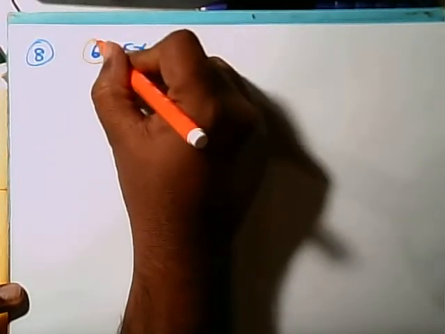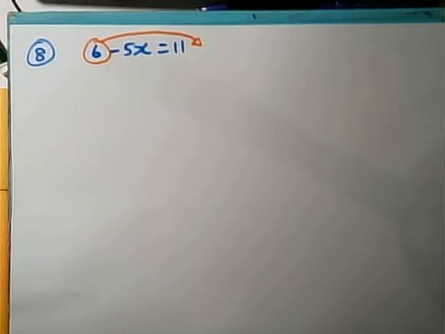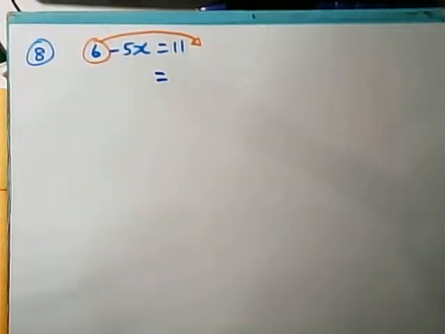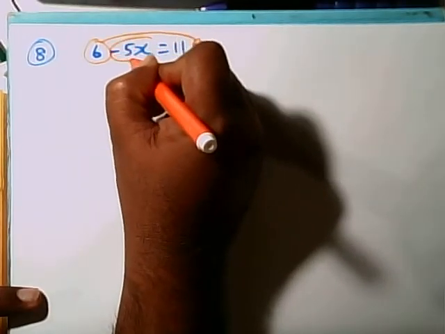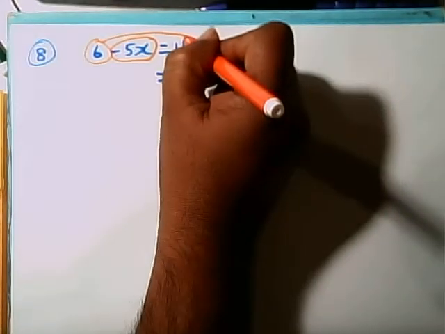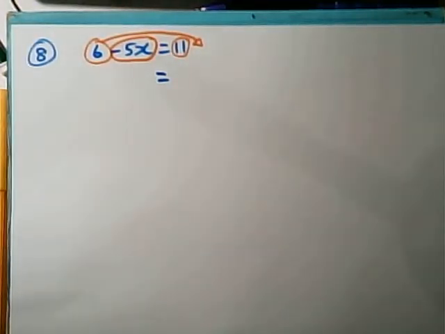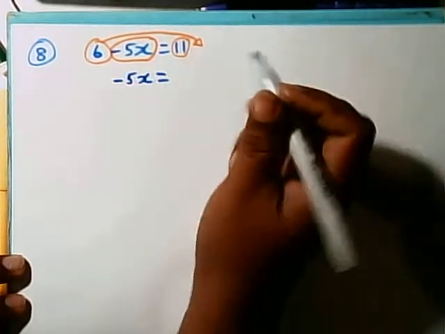Move the 6 here. And don't forget it's still negative 5x. If I was to circle all my terms, you'll see the minus belongs to the 5x. Okay. So when I move that 6, I still have minus 5x on the side.